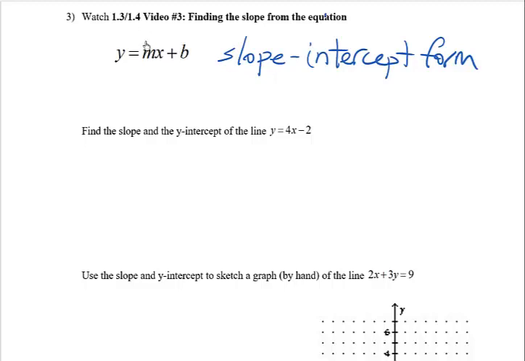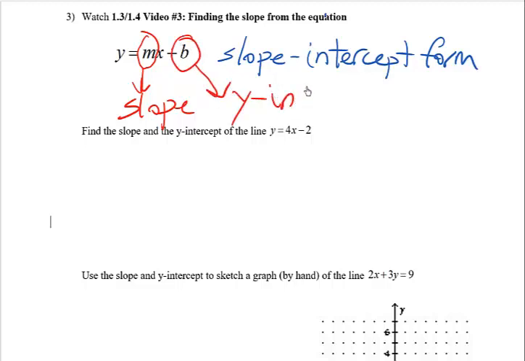In particular, the m, the number sitting there right in front of the x, that is the slope. And the b, the number sitting out there on the edge, that is the y-intercept. This is really fantastic. I can read those two pieces of information right out of the equation.